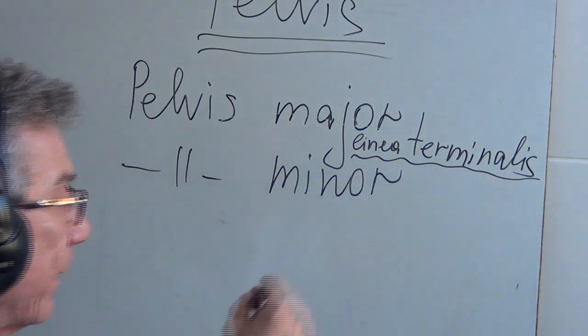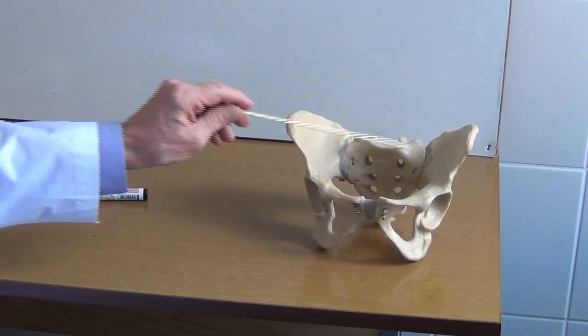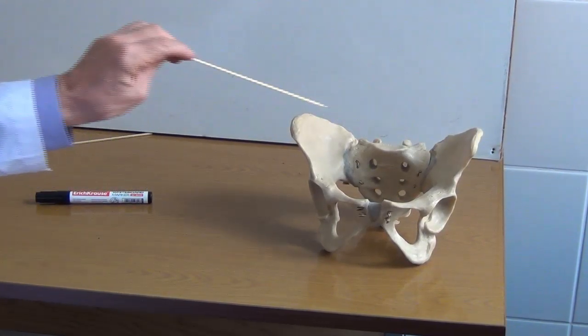Linea terminalis divides lesser pelvis and pelvis major.